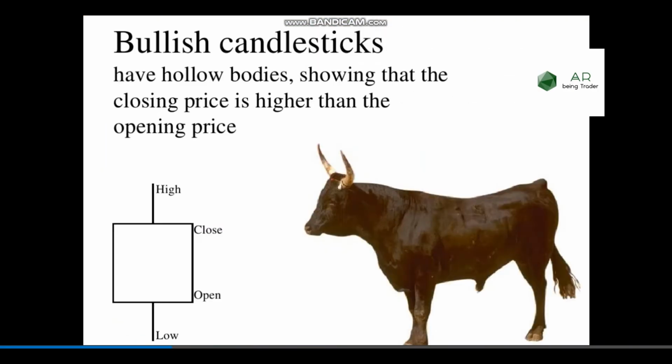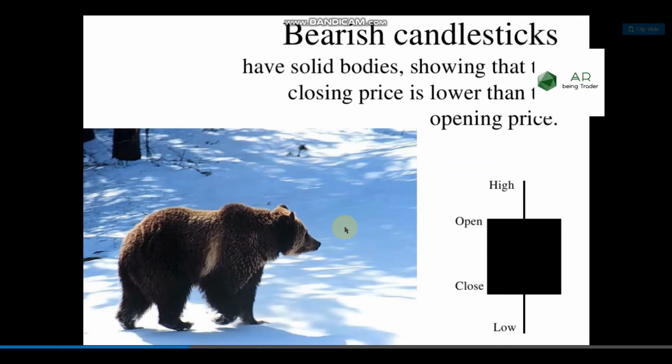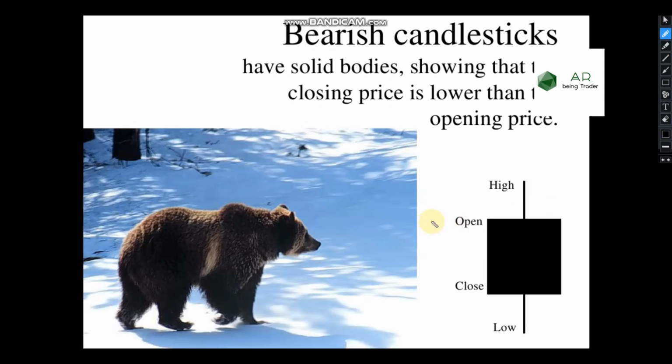Now let us see how the bearish candles will form. This is similar to the bullish candle, but in an opposite way. Here the candle opened. It went up, and again it came down like this.